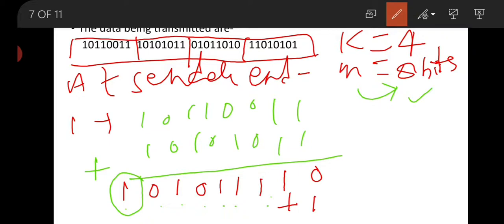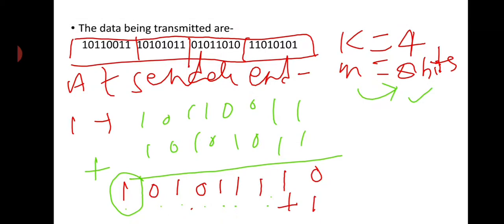Now your sum is 0 1 0 1 1 1 1 1, because 0 plus 1 is 1. Now what will be the sum? Your sum is 0 1 0 and five 1s.